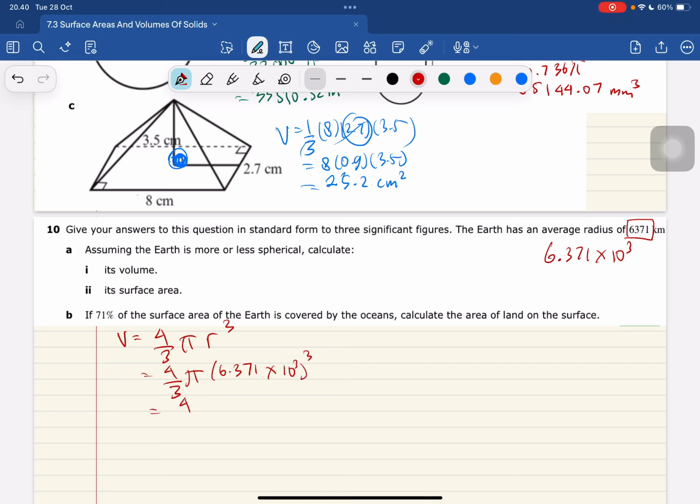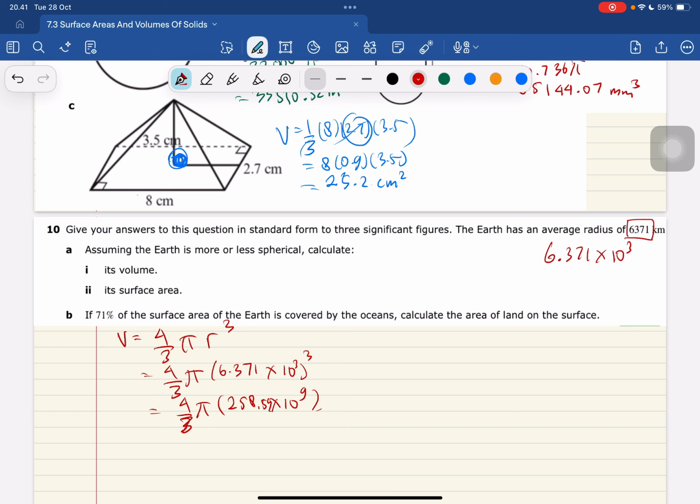So this is 4 over 3 pi. Let us do the power of 10 here. 3 times 3 is going to be 9. So 6.371 cubed is going to be 258.59.